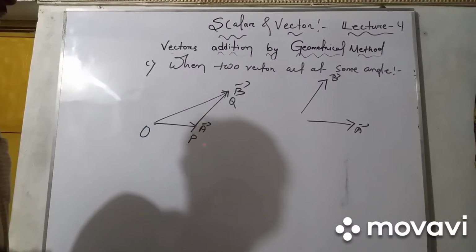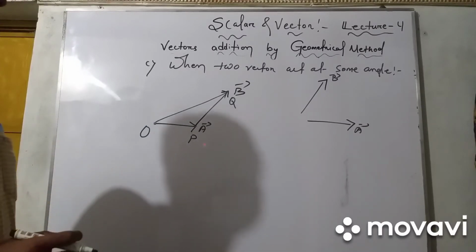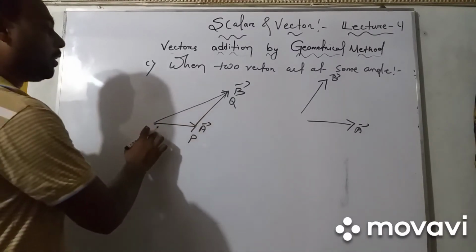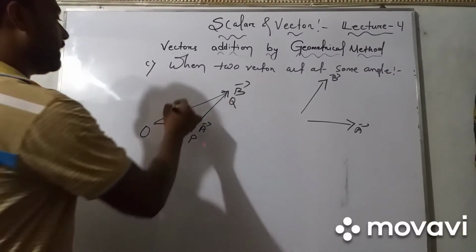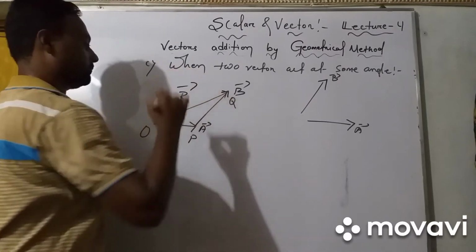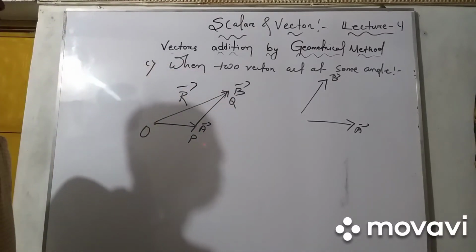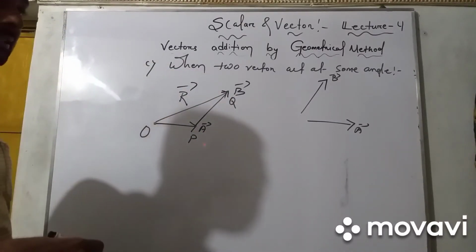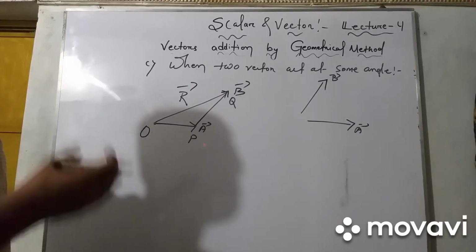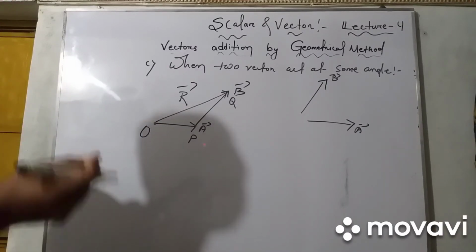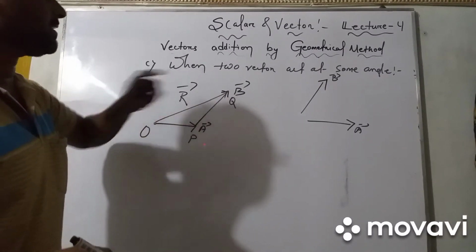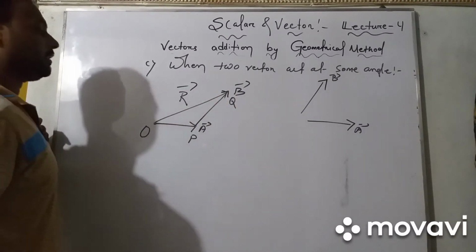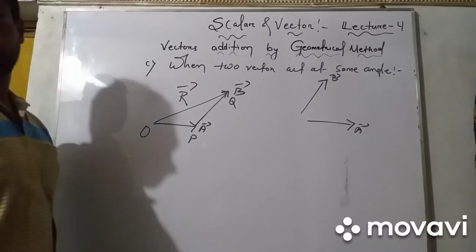Now we join OQ, which represents the resultant vector, R vector. So according to the general rule, as we know, R vector is connected to the tail point of the first vector and the head point of the last vector. Clear? Please note it.